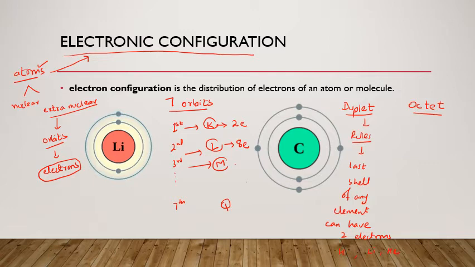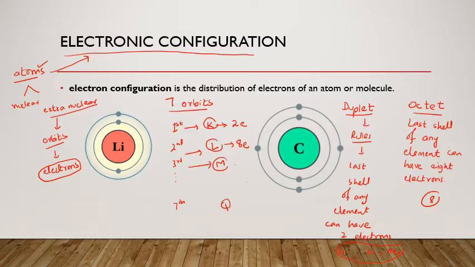But the octet rule says that the last shell of any element can have 8 electrons. That means the last shell can hold up to 8 electrons, and this rule is valid for all the elements except these three elements. This whole explanation can be referred to as electronic configuration.